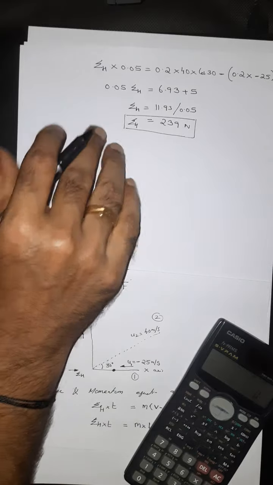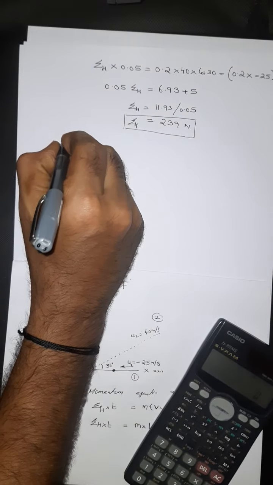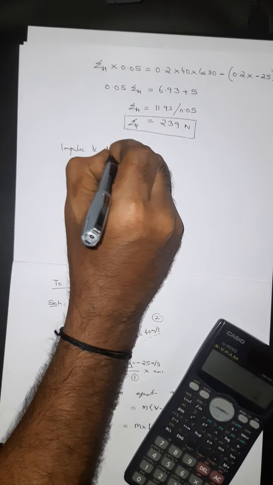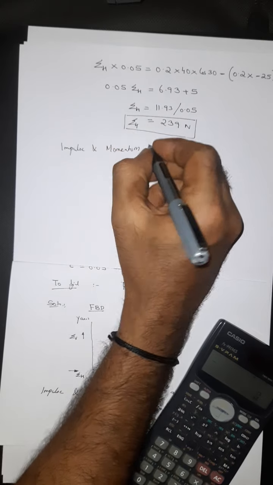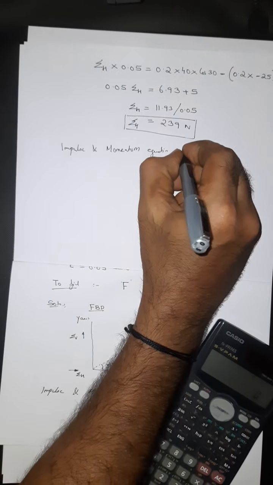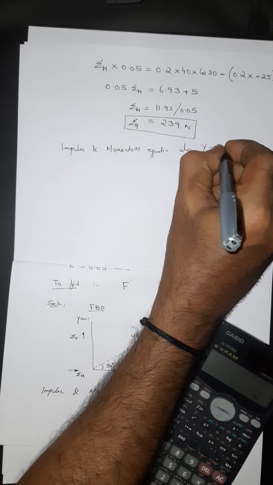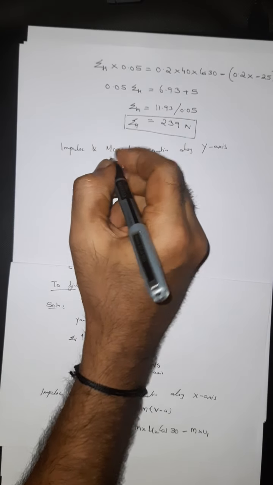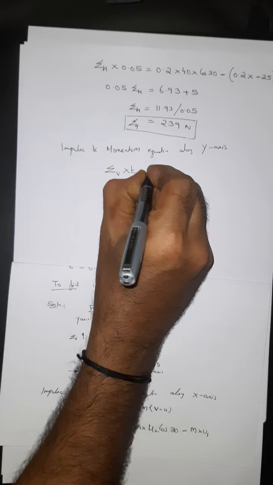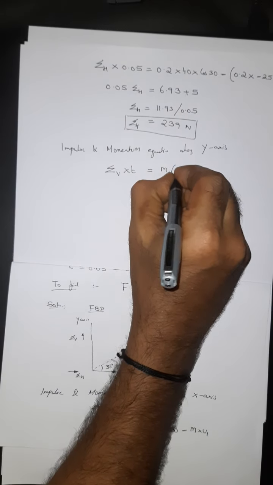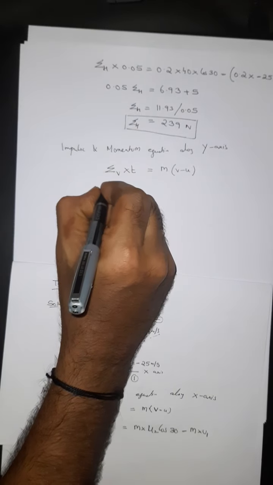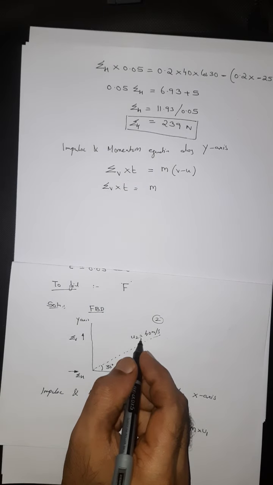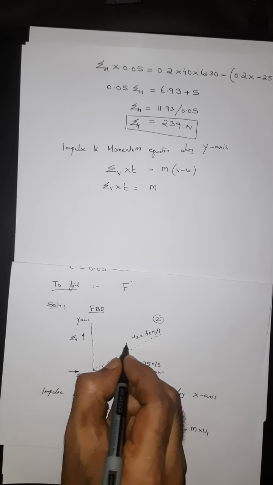Correct. So let me resolve the y-axis forces. Similarly, impulse and momentum equation along the y-axis. So the formula is summation V into t equal to m into v minus u. So summation V into t equal to m into final velocity.